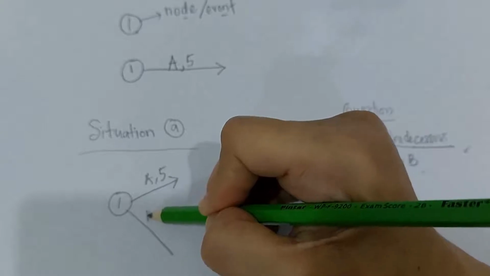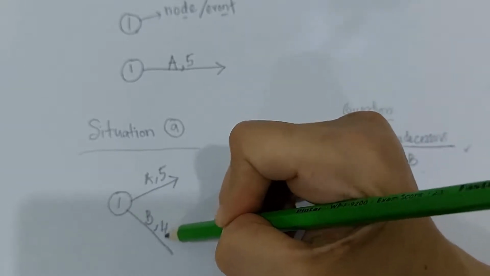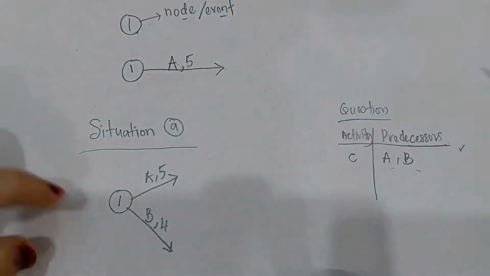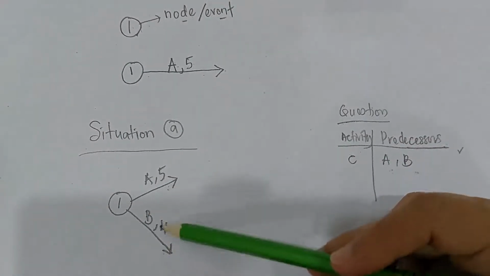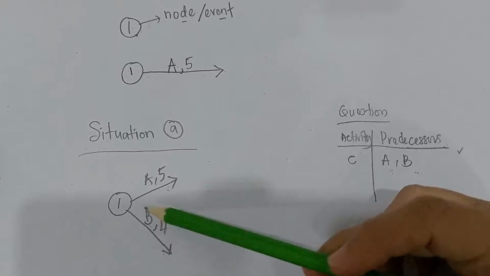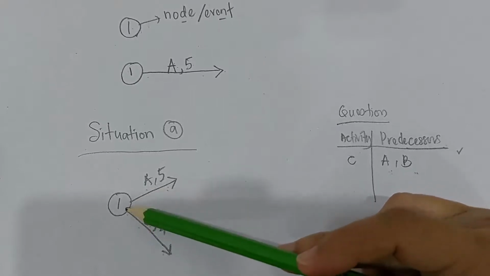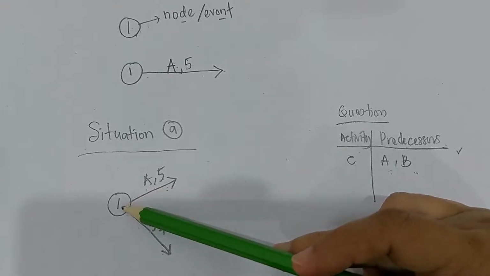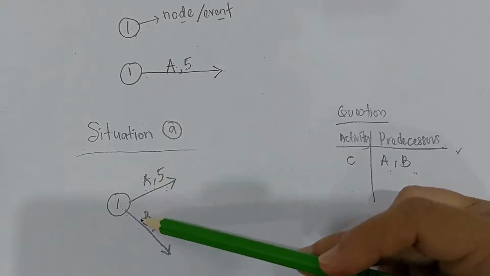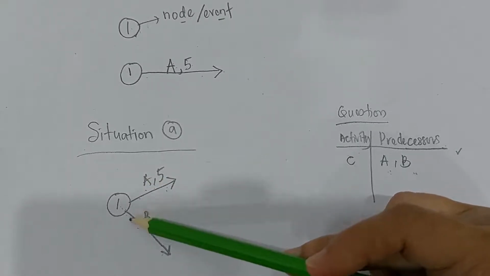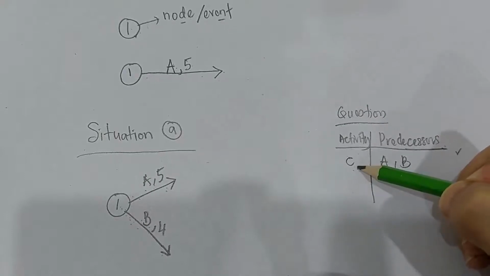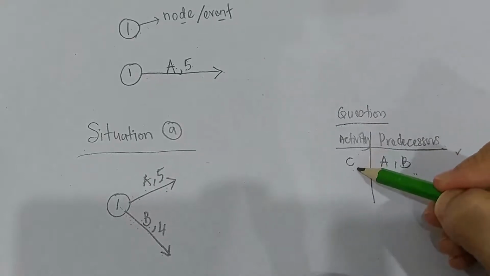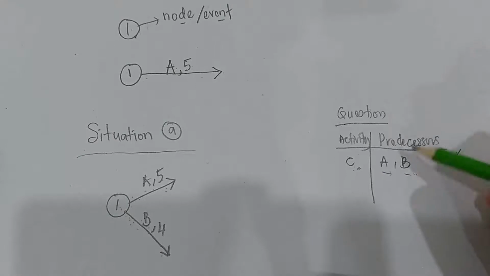And over here is activity B, time is 4 weeks. In this situation, two activities A and B come from the same place, event number 1, or node number 1. Now, how to draw the next activity C? C must be drawn after A and B have been completed.